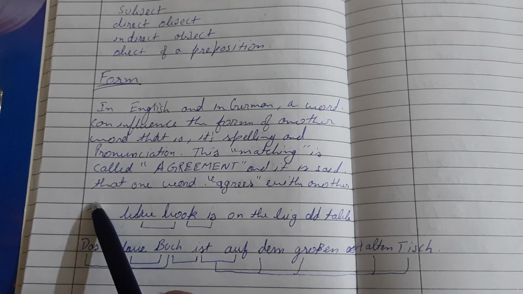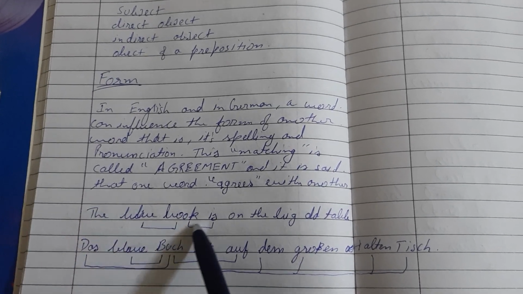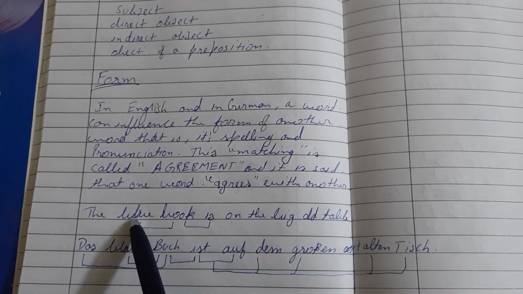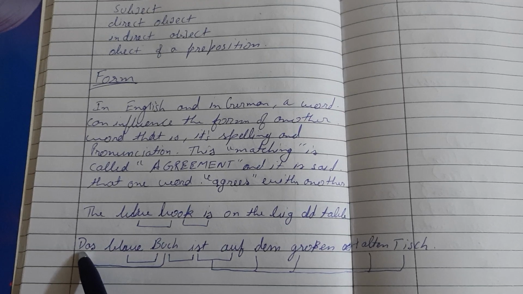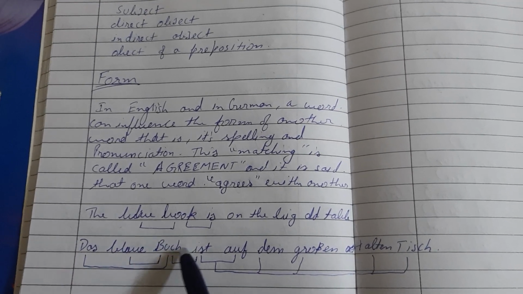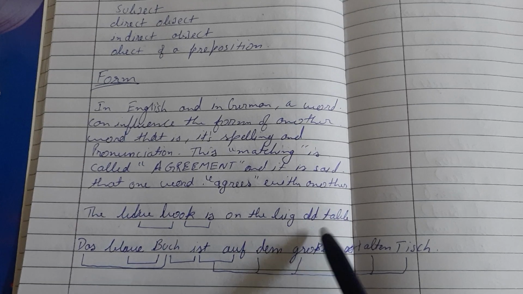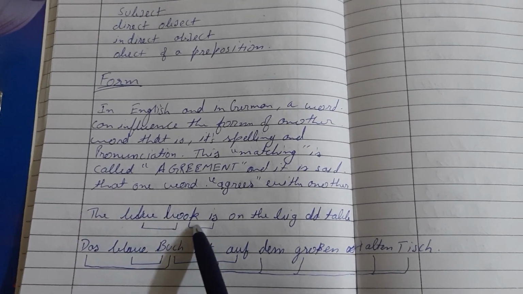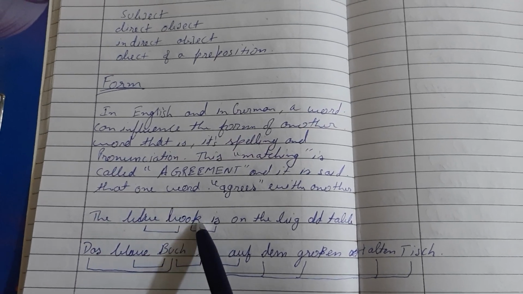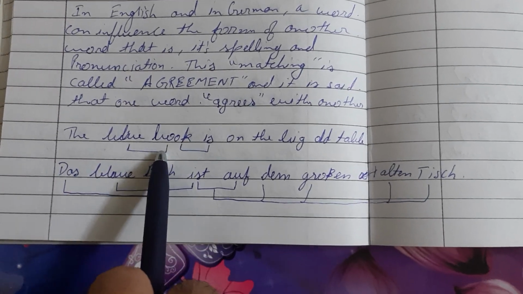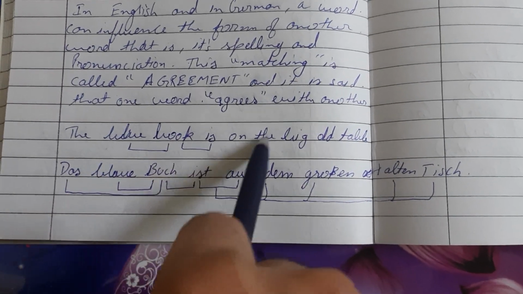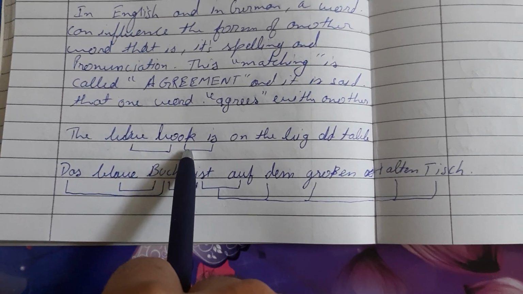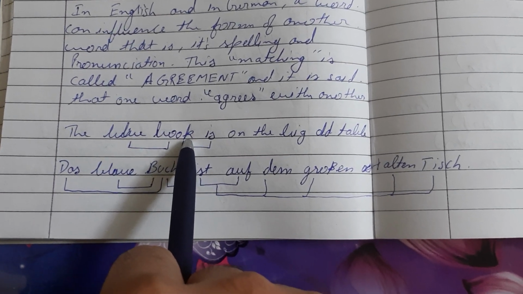The example is: the blue book is on the big old table, which is translated to German as das blaue Buch ist auf dem großen alten Tisch. In English, book is a singular word, so it means one book only.